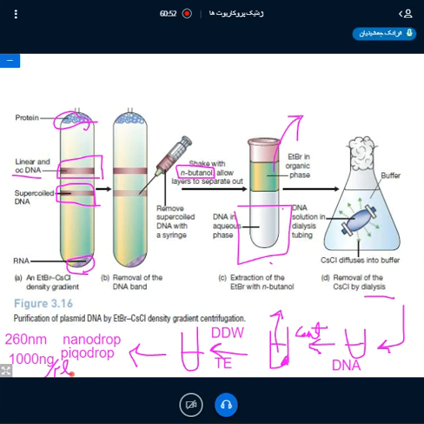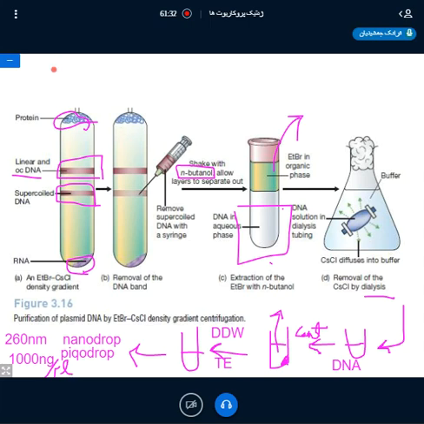So we can understand the amount of the DNA, by the use of spectrophotometry instruments, for example, nanodrop or picodrop. At the wavelength of 260, we can understand the concentration of DNA. For example, 100 nanogram per microliter.